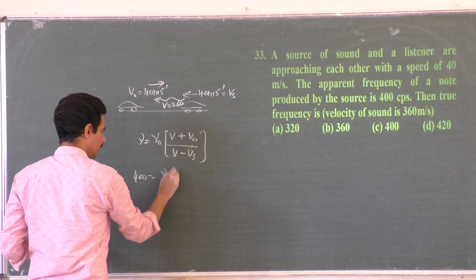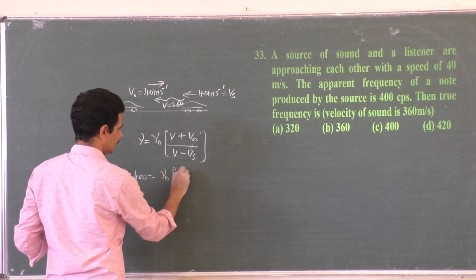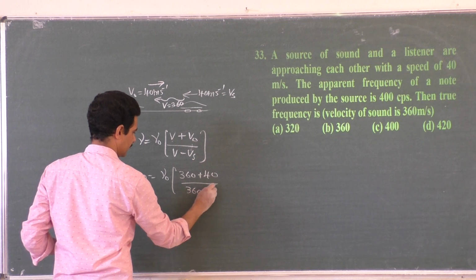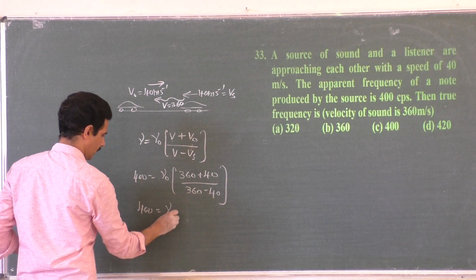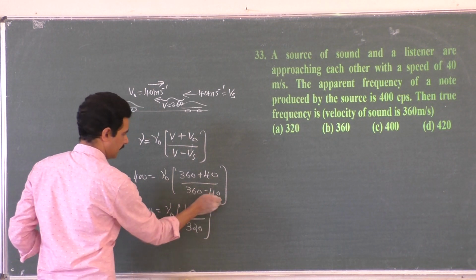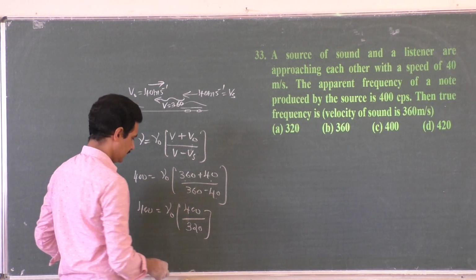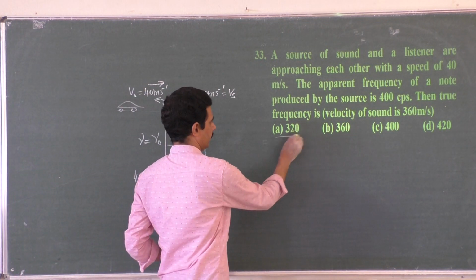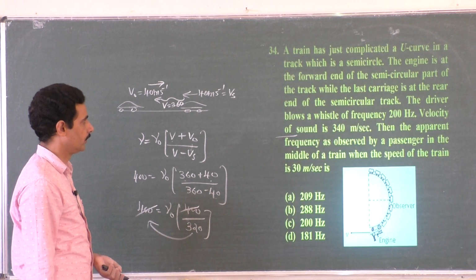What is the true one? 360 plus 40, 360 minus 40. So nu naught is 400 by 320. 360 plus 40 is 400, 360 minus 40 is 320. Cut, this comes here, 320. Direct one. Yes.